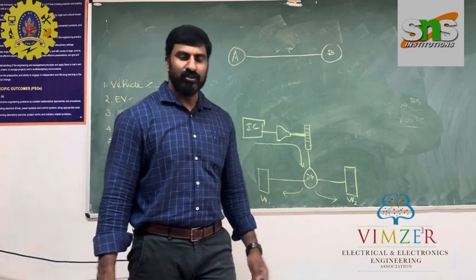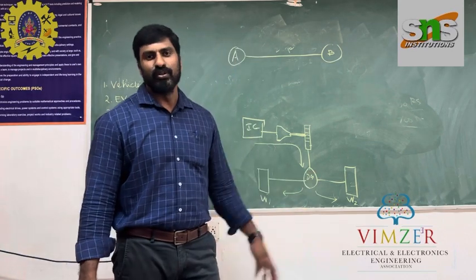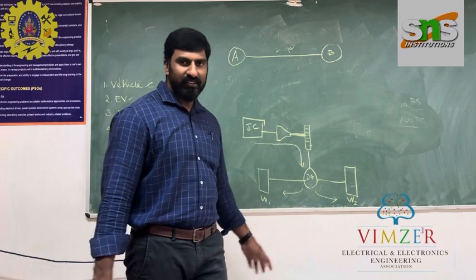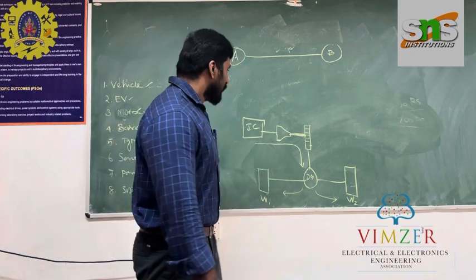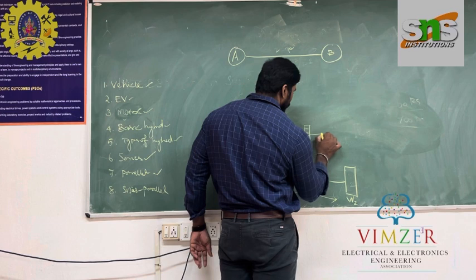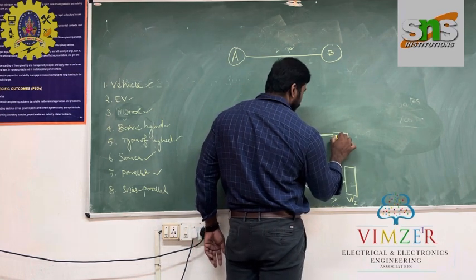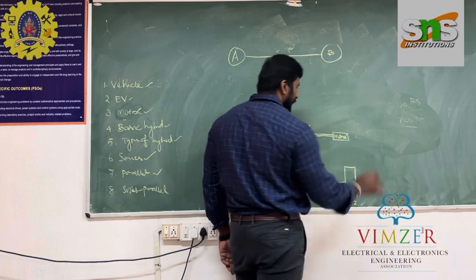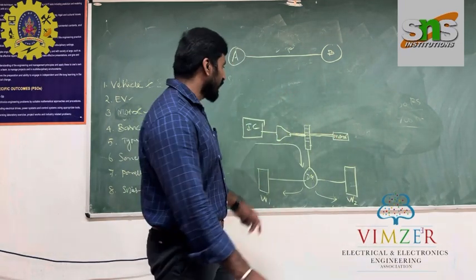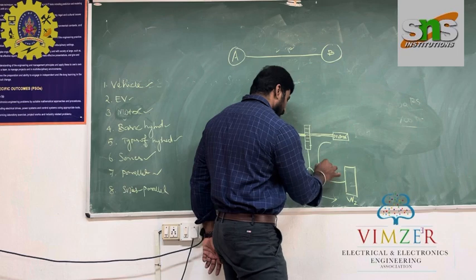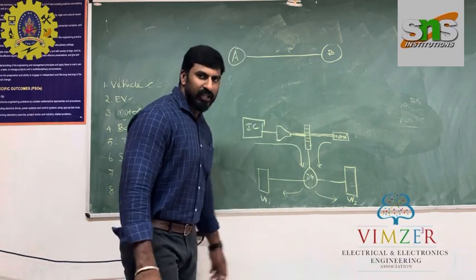If the vehicle is a 2-wheel drive, the power is transferred to 2 wheels. If the vehicle is 4-wheel drive, the power is transferred to 4 wheels. We also have another source: this shaft is connected here to a motor. At the same time the motor also delivers power here, so the motor also gives power to the wheels.